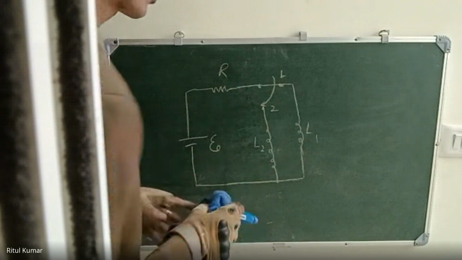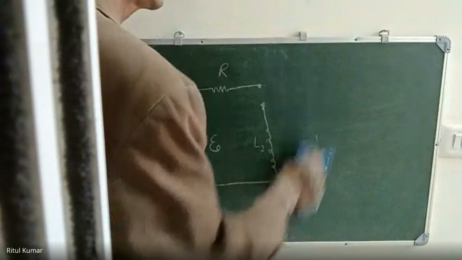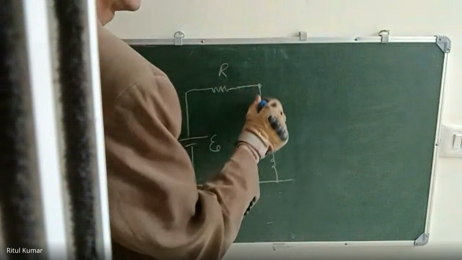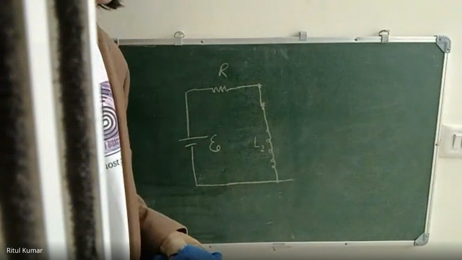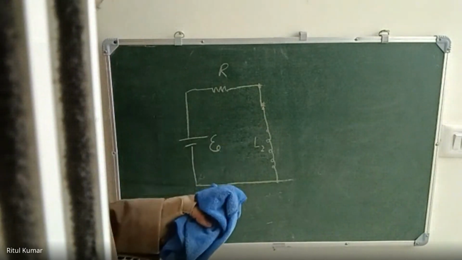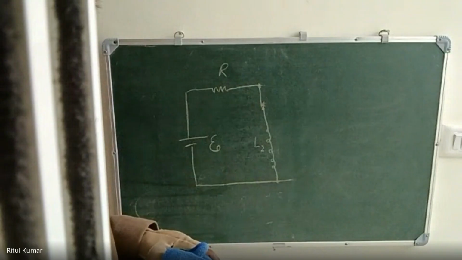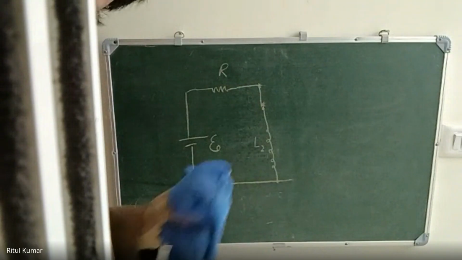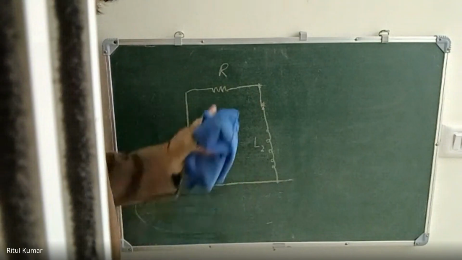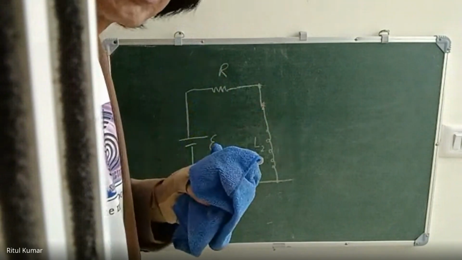When the switch is thrown from 1 to 2, this circuit will change to this one. You have to find the current as a function of time in this circuit, the second phase. First it was connected to L1 for a good length of time; when connected to L1, L2 was not in the picture. When it's connected to L2, L1 is not in the picture. Am I clear? Yes, sir. Okay, good enough.